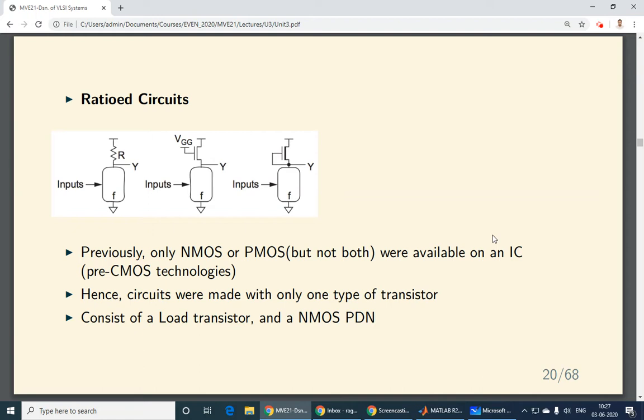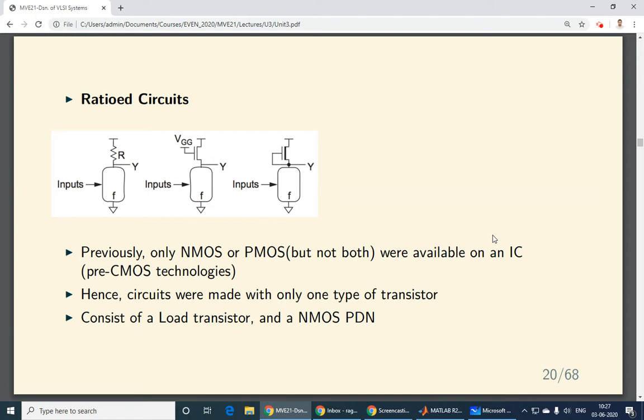At the beginning of this unit, we said there are three different logic families: static CMOS, pseudo NMOS, and dynamic CMOS. Pseudo NMOS is one particular example of ratioed logic. Dynamic CMOS is the next part of this unit. One thing we have to remember is that static CMOS is still by far the most popular. If you look at all digital circuits, around 95% of them are static CMOS cells from the standard cell libraries.